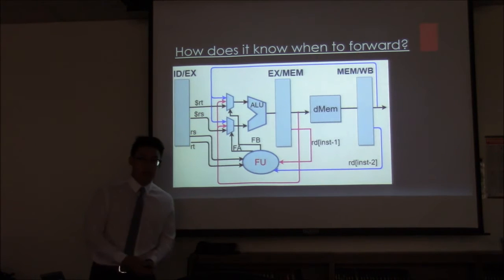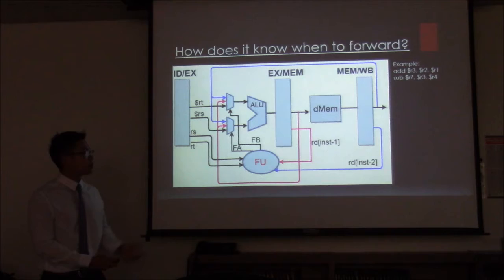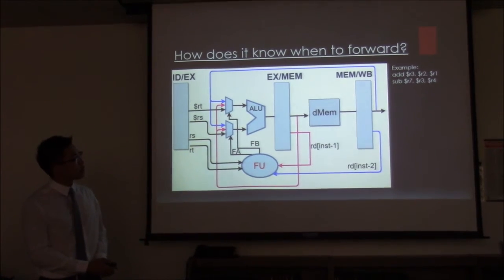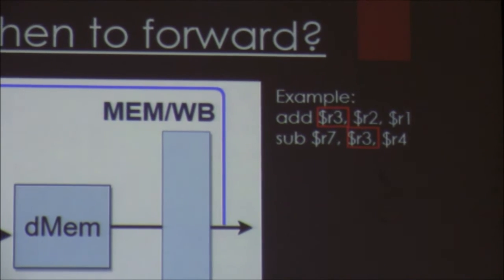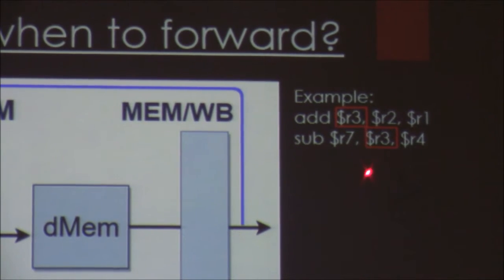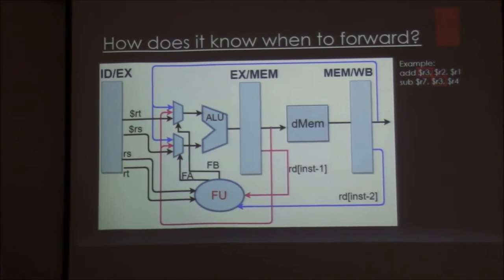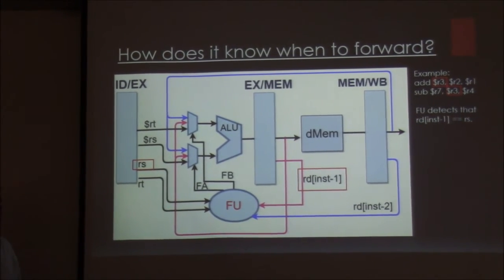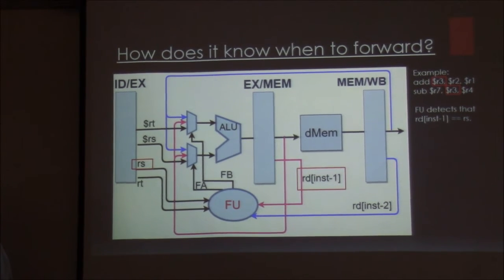Now, how does our design know when to forward? To illustrate a better example, we showed a simple 2-step instruction sequence right here. You can see here that R3 is dependent on this add's R3 destination. So our forwarding unit detects that they are equal.